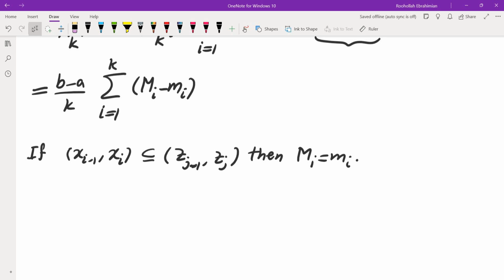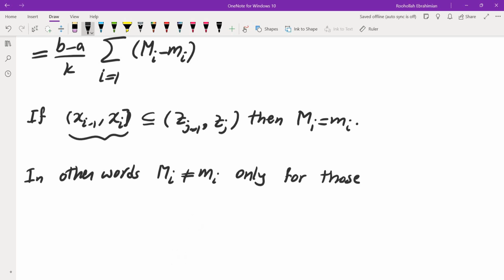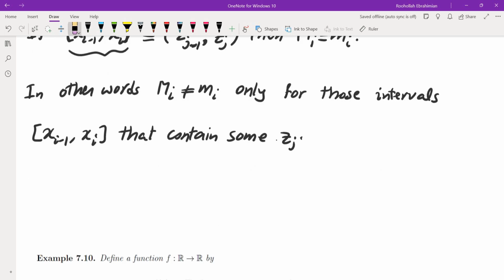So M_i is not equal to m_i only for those, and let me actually put it in the closed interval, for those intervals [x_{i-1}, x_i] that contain some z_j.